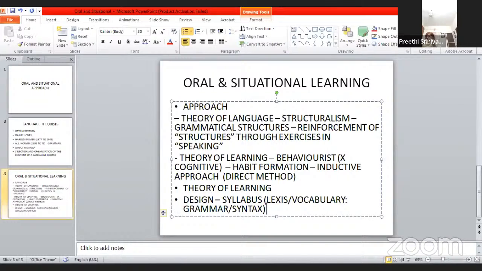The structure will vary according to the tense and the person, whether it's I or we, you or they, he, she or it. That's person. Whether it is present, present continuous, present perfect, or past, past continuous, past perfect, right? Or future tense.